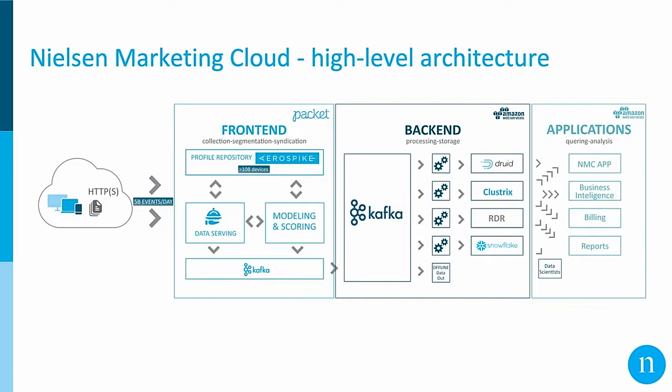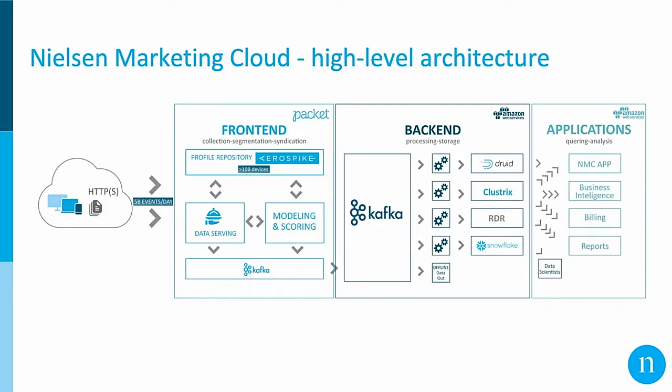Let's look at the high-level architecture of our system. So from left to right, you can see here, we get events from both online and offline sources flowing into our front-end layer, which is called our serving system. We're talking about over 5 billion events per day. There we have some basic rules and more machine learning, more sophisticated algorithms that run and process the data and try to produce insights.